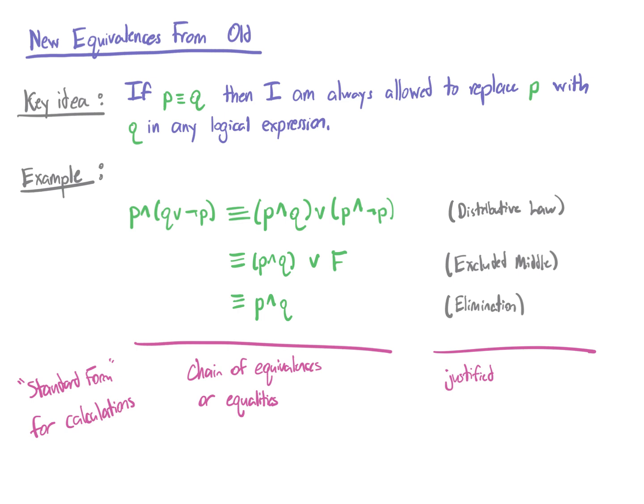So we're going to see this pattern many, many more times in this class, and one of the things that you're going to practice doing many times is writing calculations in this standard form as a chain of equalities justified in each step.